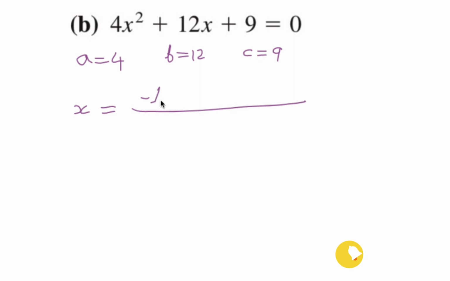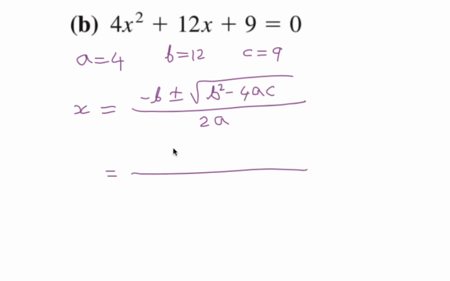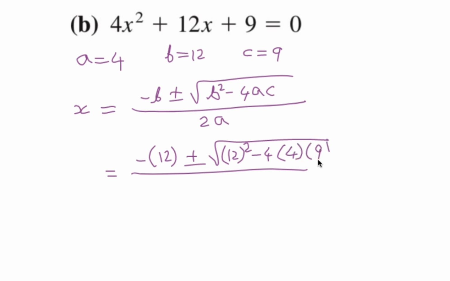Okay, so minus b plus minus square root b square minus 4ac upon 2a. Minus 12 plus minus 12 square minus 4, a value 4 and c value 9.